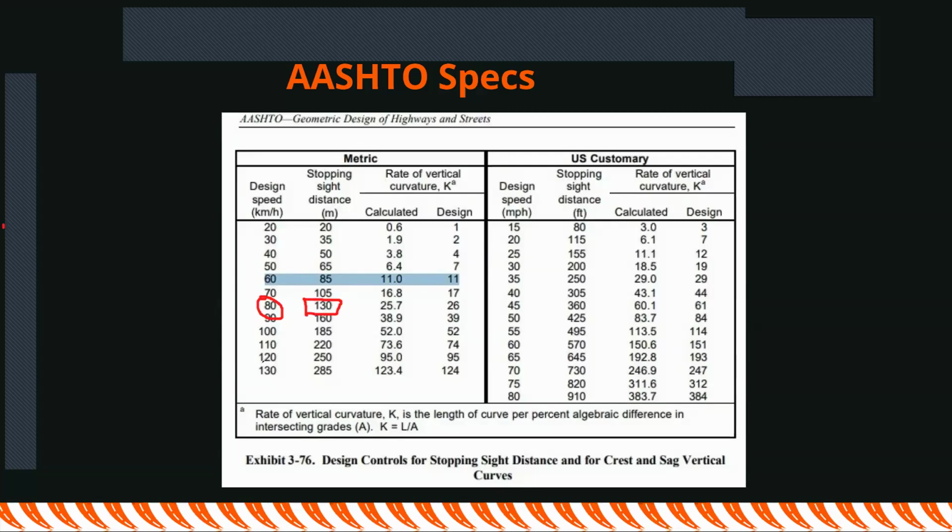What this means is if a driver is driving on any crest curve that we design, and they see an obstacle anywhere ahead, they will require 130 meters to bring the vehicle to a safe stop without colliding with that object.